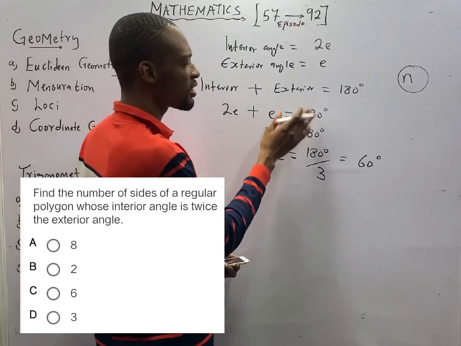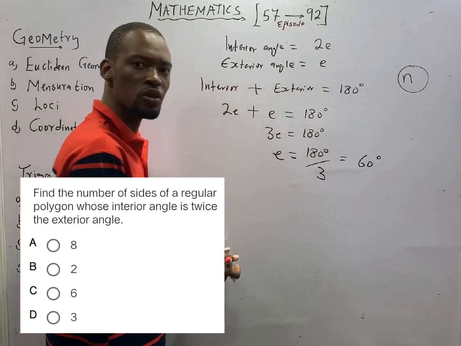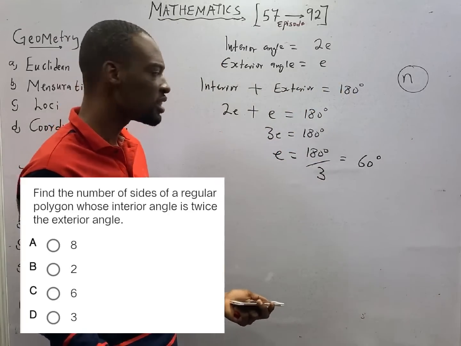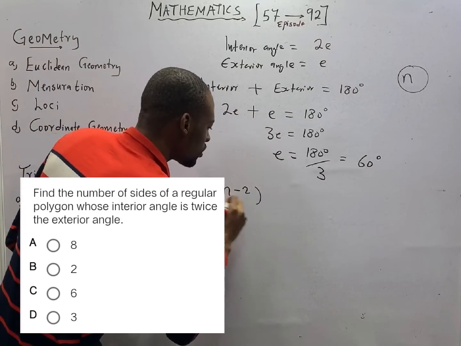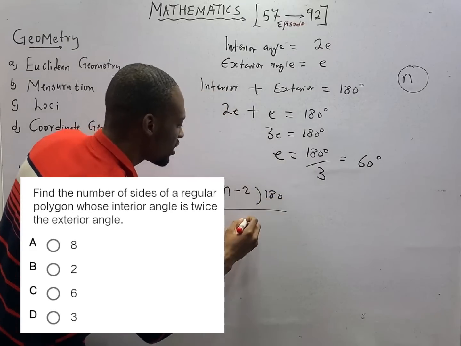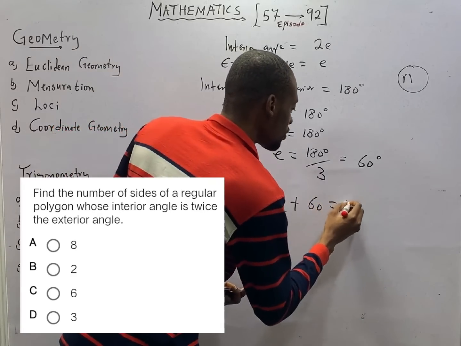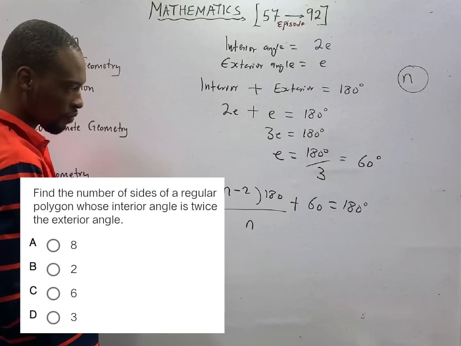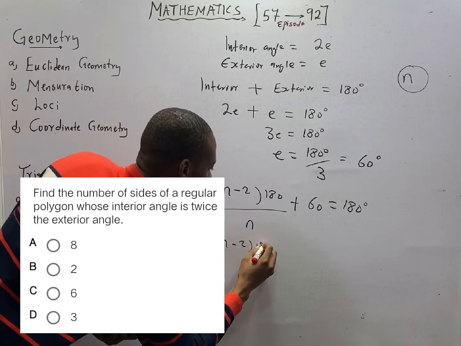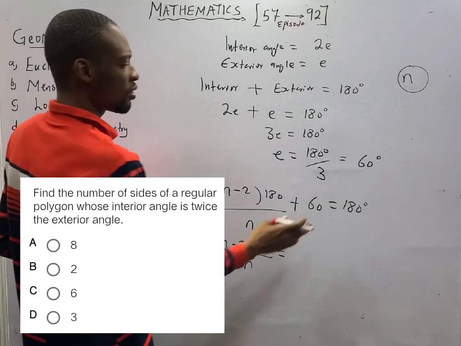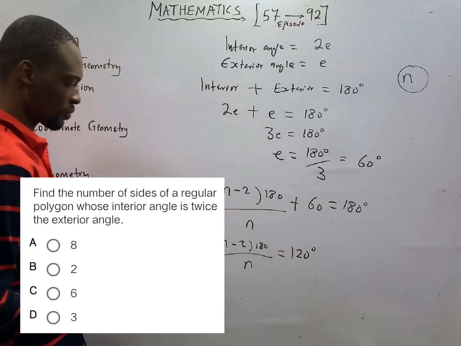Now that we know the exterior angle to be 60 degrees, and that interior angle plus exterior angle equals 180 degrees, each interior angle is n minus 2 times 180 over n, plus 60 degrees, which is the exterior angle, equals 180 degrees. n minus 2 times 180 over n is 180 minus 60, that is 120 degrees.